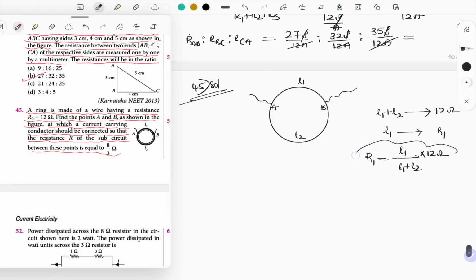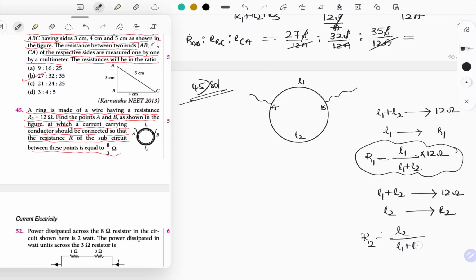Similarly, if the total length L1 plus L2 has resistance 12 ohm, then for L2 length, what's going to be the resistance? That is R2. Using the same procedure, R2 is L2 divided by L1 plus L2, into 12 ohm. So this is R2 resistance.